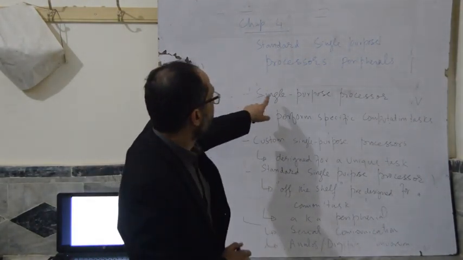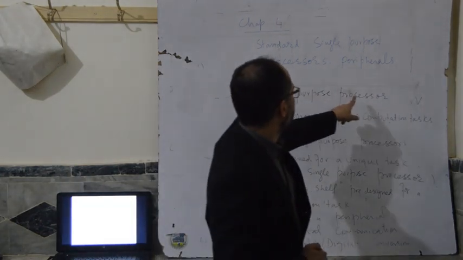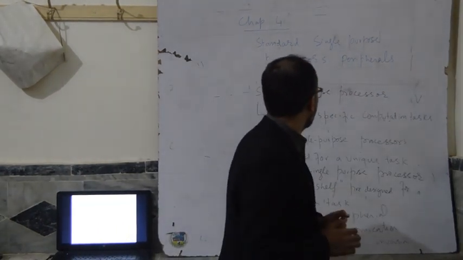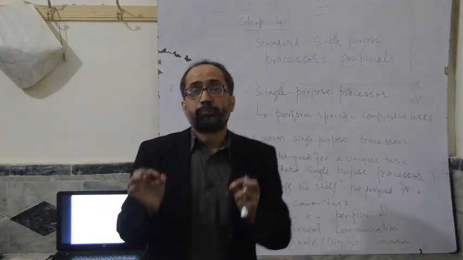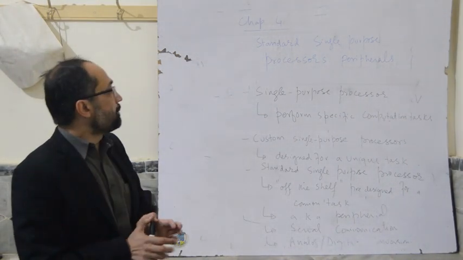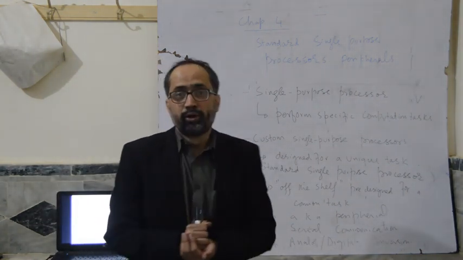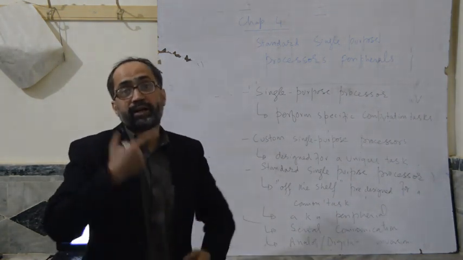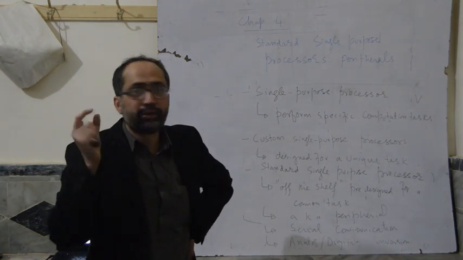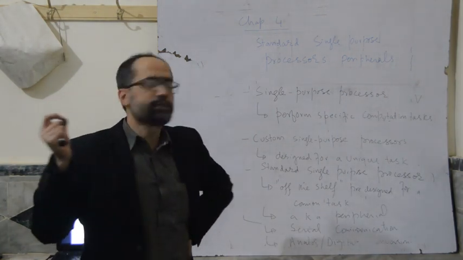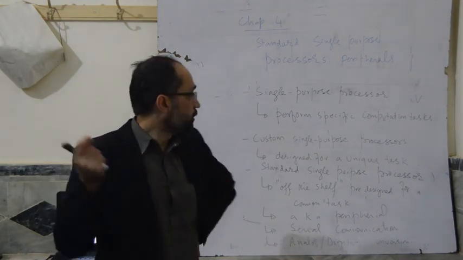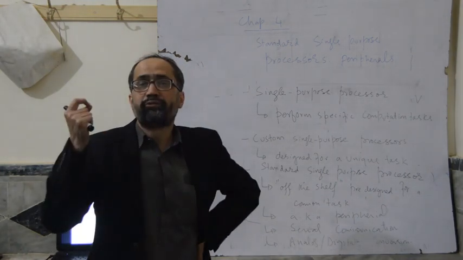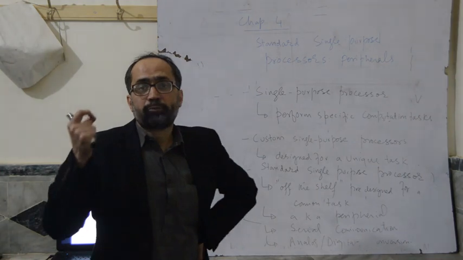An introduction. What does a single purpose processor perform? A single purpose processor performs a specific computation task. What are examples of a single purpose processor? For example, the processors that are used in a toothbrush. They are very small microcontrollers, and they only perform a very specific computation task.